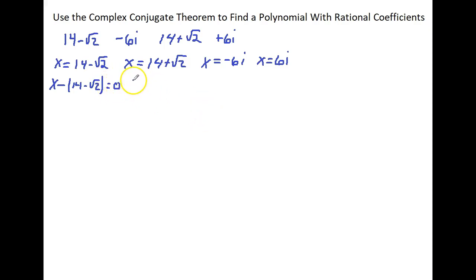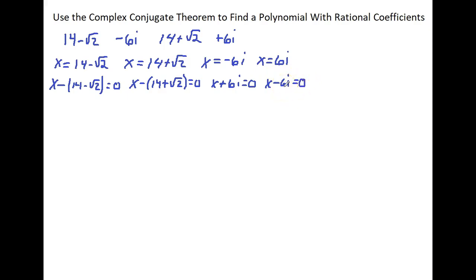And then I have x minus 14 plus radical 2 equals 0. Add 6i to both sides, so I have x plus 6i equals 0. And then subtract 6i from both sides to set this equal to 0. And I have x minus 6i equals 0.